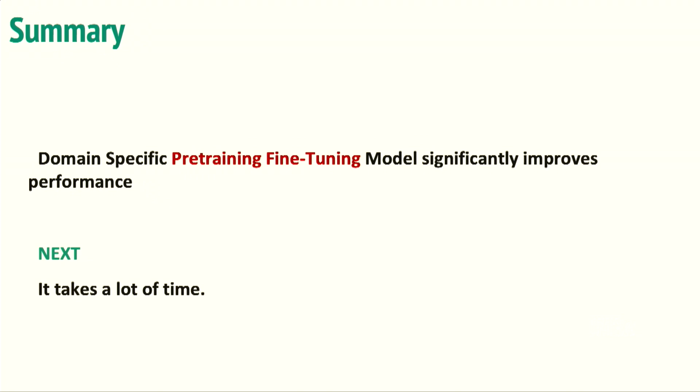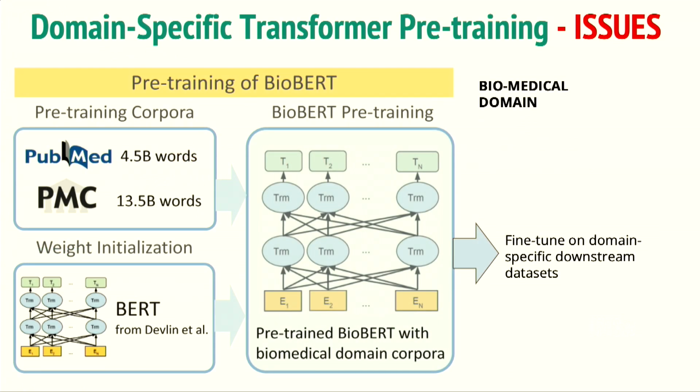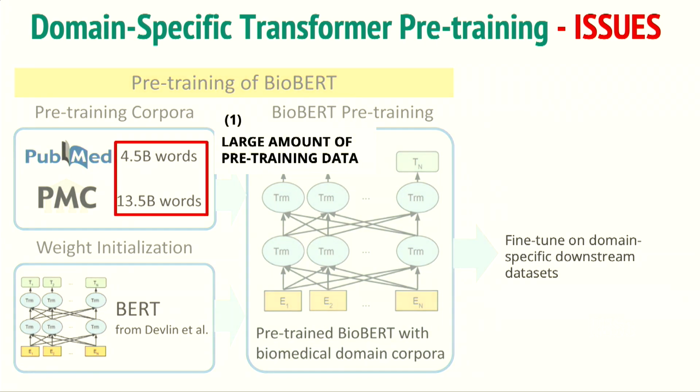Okay, so one of the important design perspectives would be to learn early. I can give you some examples. If I think of various domain-specific things, these have huge amounts of words, 13 billion words.